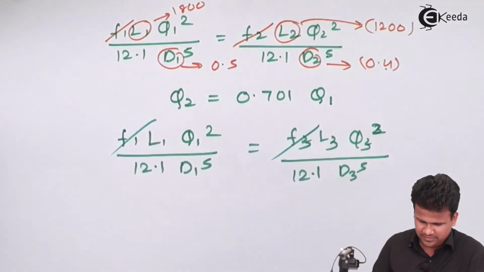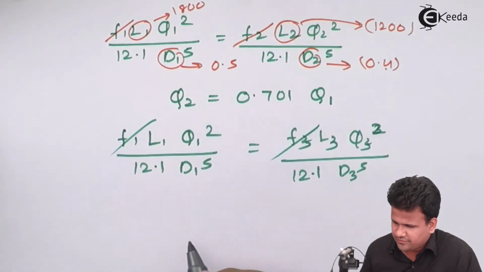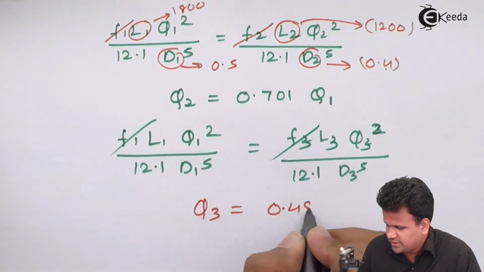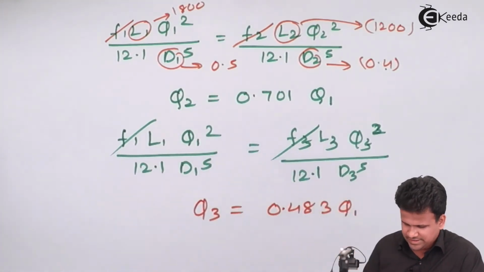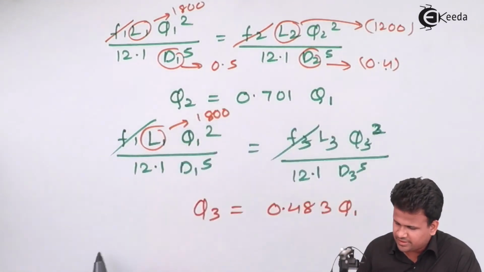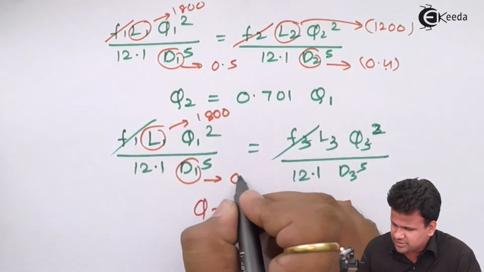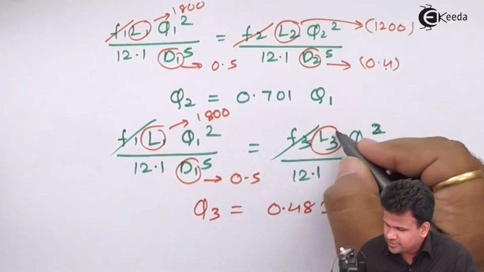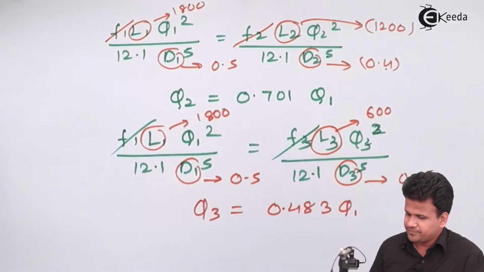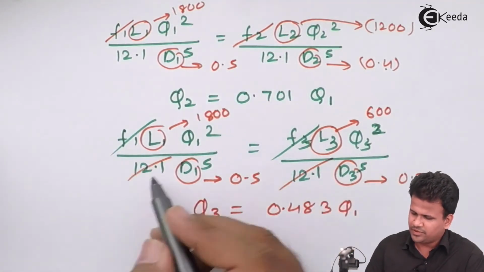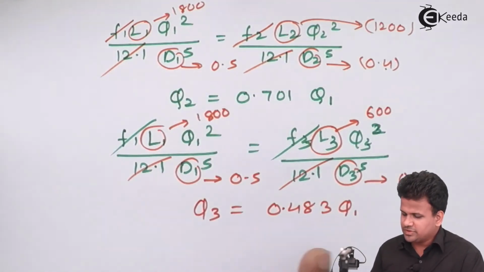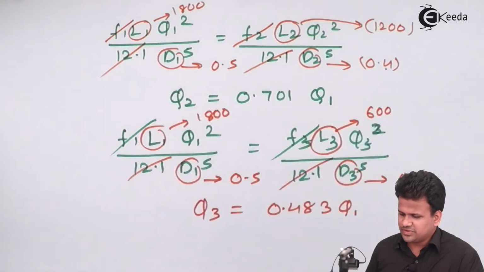The two will be the same, and we get Q3 in terms of Q1, that is 0.483 times Q1, considering L1 is 1800 meters, diameter 0.5, L3 is 600 meters, diameter 0.3, and the 12.1 from all the equations will go away. We have got Q3 in terms of Q1, and Q2 in terms of Q1.